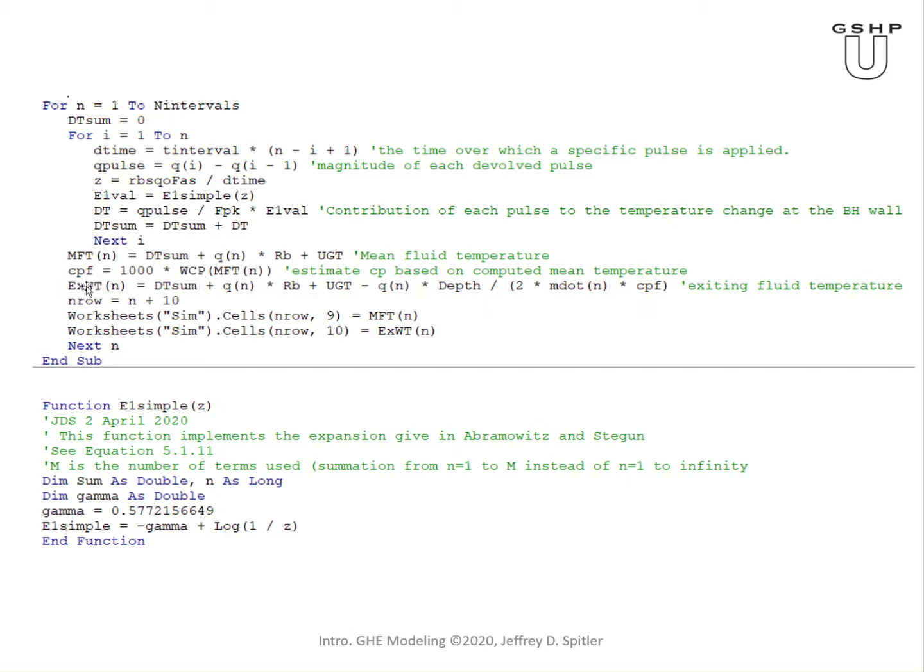And then the exiting fluid temperature is, again, the change of the borehole wall plus the change due to the resistance across the borehole plus the undisturbed ground temperature. Okay, and then this delta T over 2, that's this part here, minus Q of n times the depth over 2 m dot CPF.